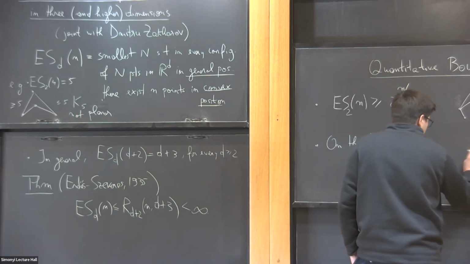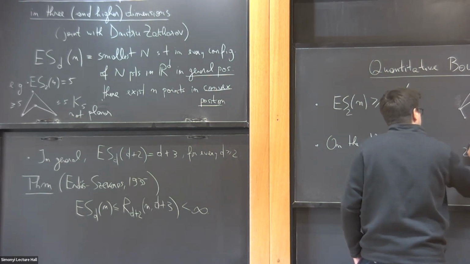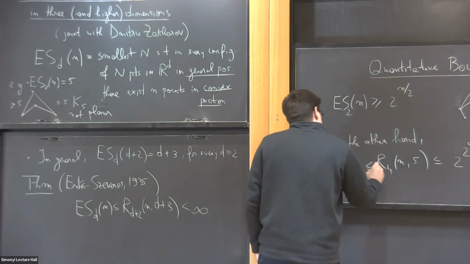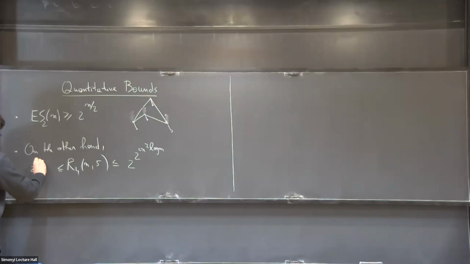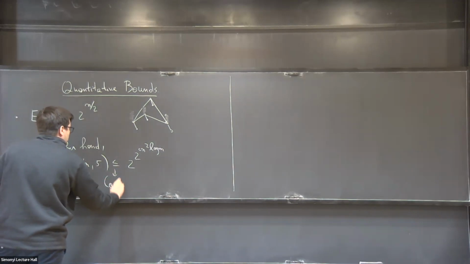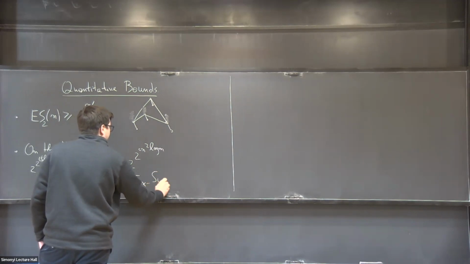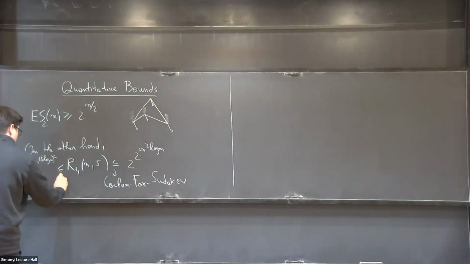These are much more recent. So this is doubly exponential and then squared. And this is a function that grows faster than an exponential function. So it's something like this. This is by Fox, Zakharov, and by Mubayi and Suk.